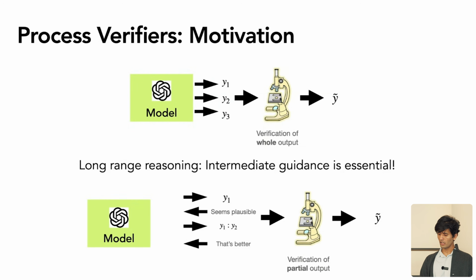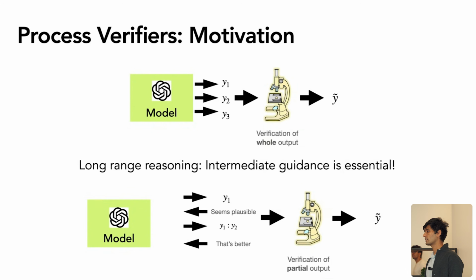One can think about this in the frame referred to as process verification, but it's running a process that is somewhat intuitive: you have your model, it's trying to output answers, and somewhere in between this generation process, you want to score your outputs to understand whether this is a good response, or if you can hope the model has a better response for the end distribution that you care about.